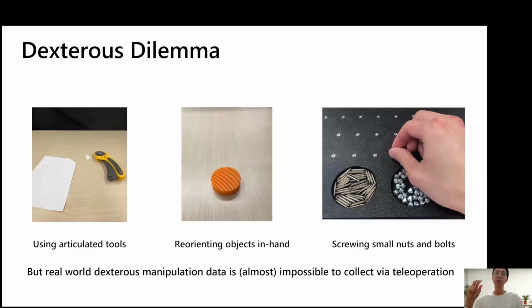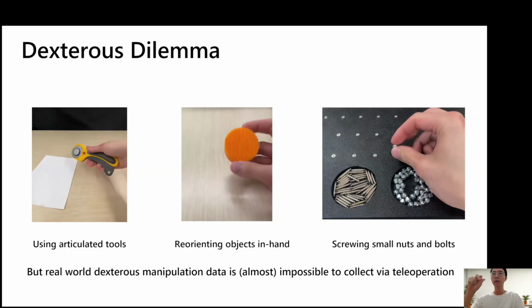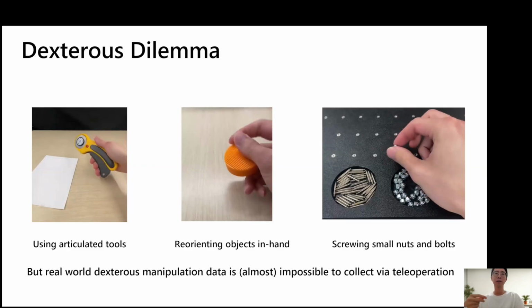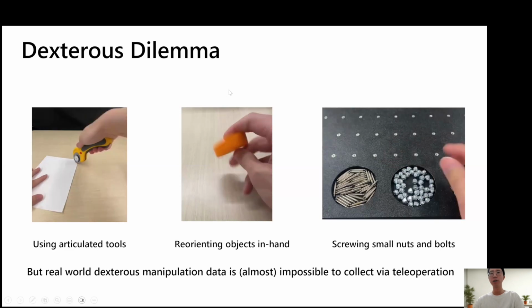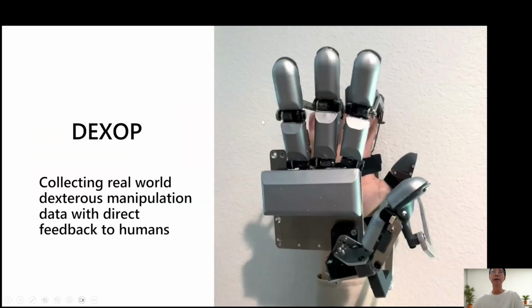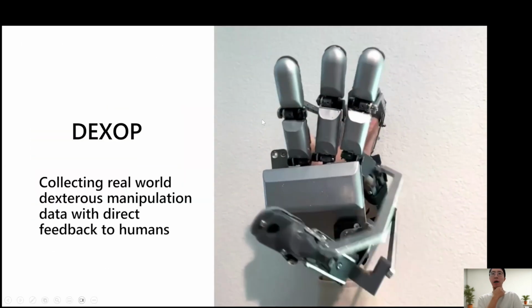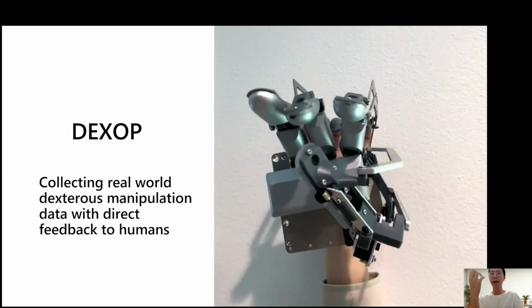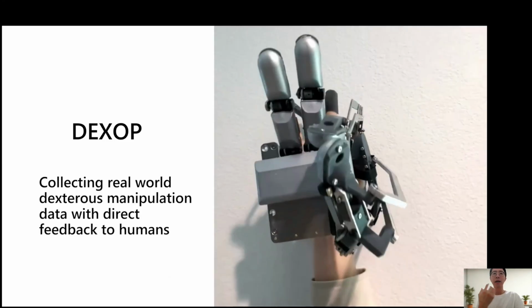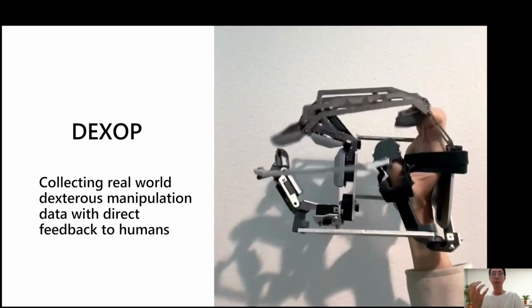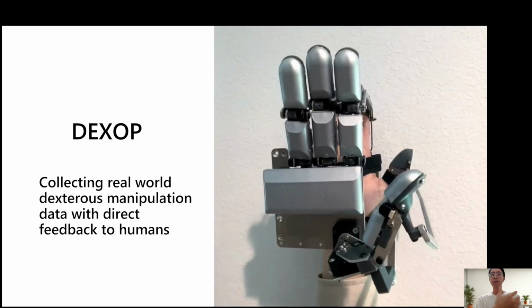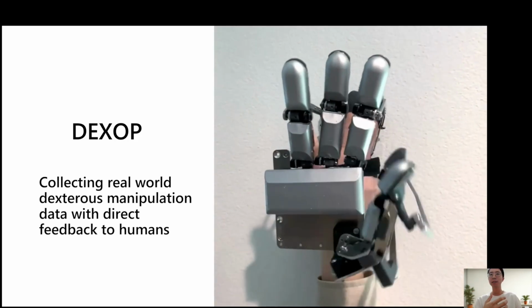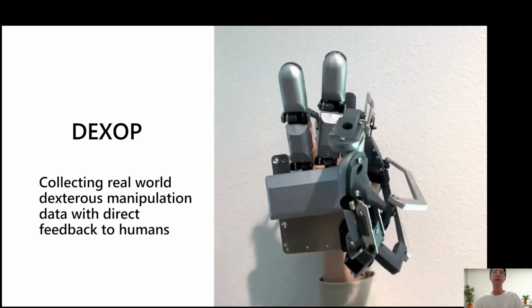So you basically cannot see any very dexterous data collected by teleoperation. And in today's talk, I would like to introduce Dexop, which is a hand exoskeleton that can collect real-world dexterous manipulation data with direct feedback from the passive robot hand to the human's hand.